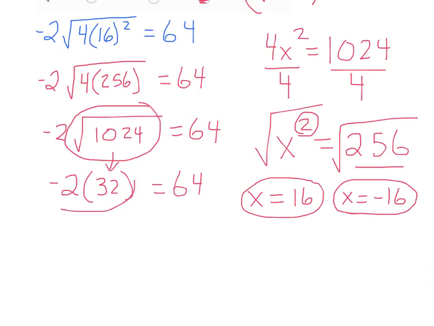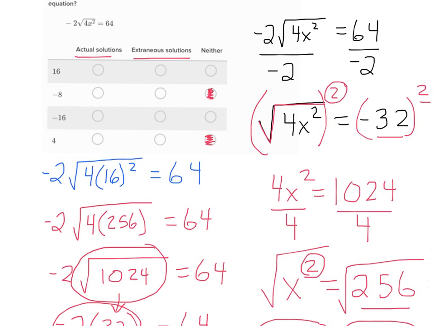Well, negative 2 times 32 is negative 64, which does not equal 64. And so positive 16 ended up being an extraneous solution. The only way I could know that positive 16 was an extraneous solution was to plug it in for x and see if it gave me a true statement. 16 did not give me a true statement.